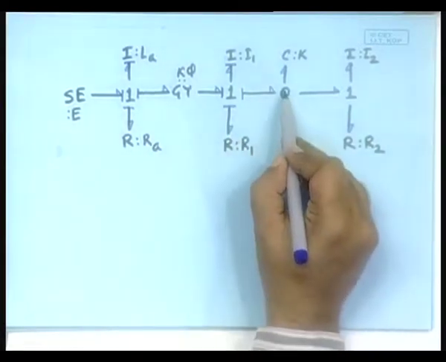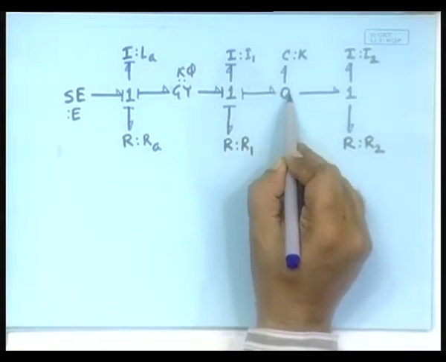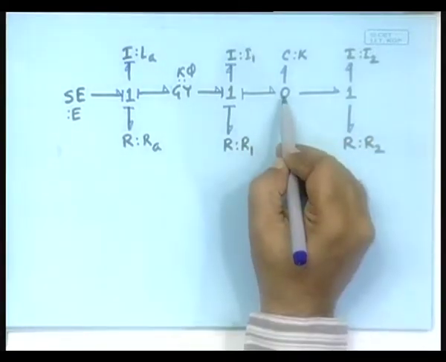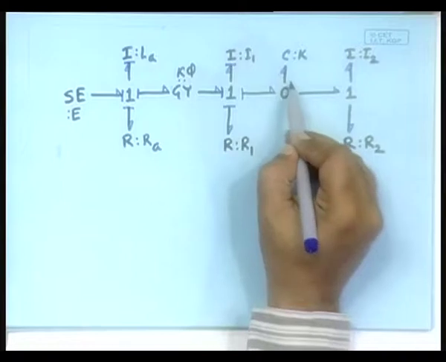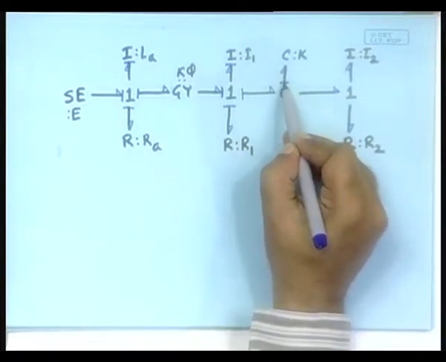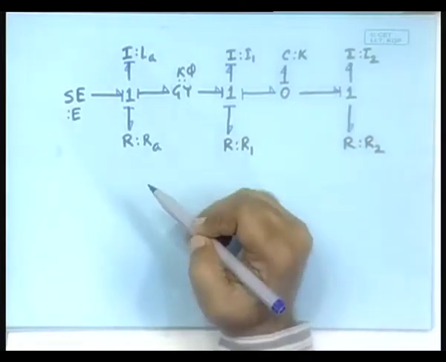So, we have a 0 junction in which flow information has come, which means it is not yet complete. There has to be effort information coming into this 0 junction. From where does it come? The C, like this. The moment the effort information has come, it has to be distributed by the 0 junction like this.